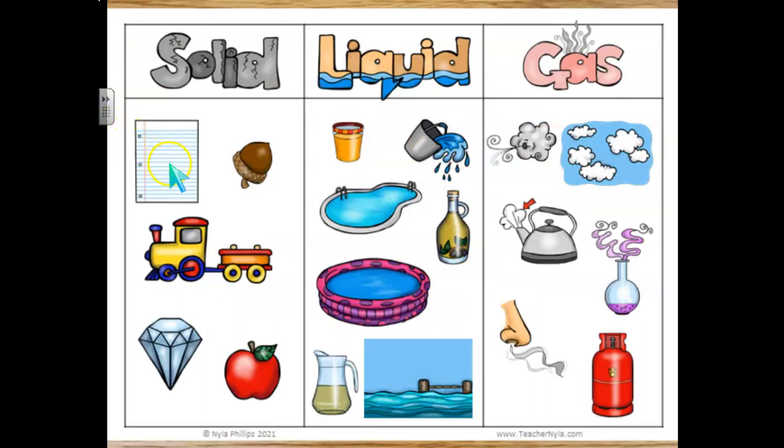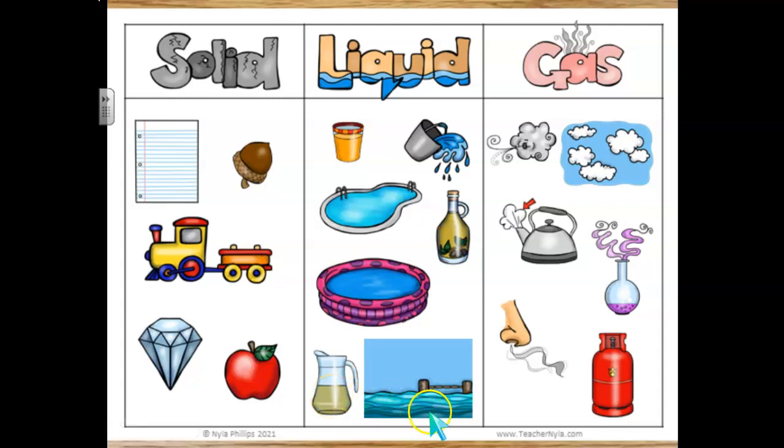Some examples: solids like paper, acorns, trains, diamonds, and apples. It's things that keep their shape. Liquids: orange juice, water, pool water, oil. Here's another pool full of water.